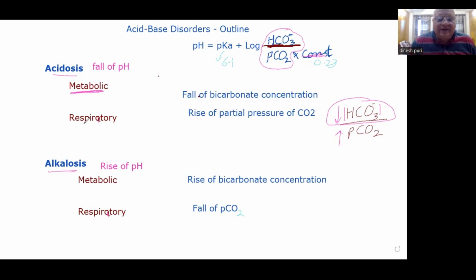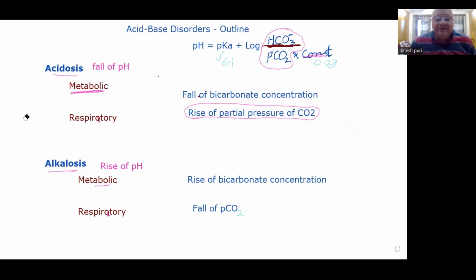And in the respiratory variety, it is the denominator, PCO2, a rise in the partial pressure of carbon dioxide. This is fall in the pH of respiratory origin. This is respiratory acidosis. On the same lines, alkalosis, either of metabolic origin or of respiratory origin.